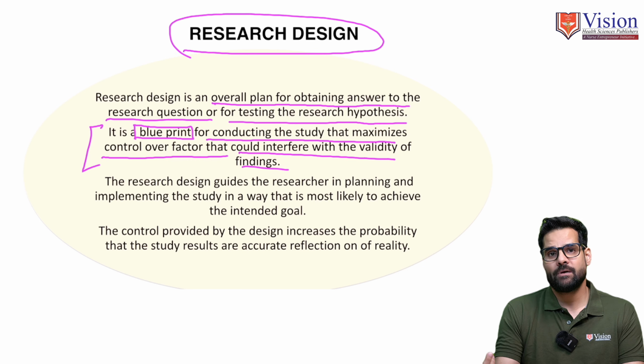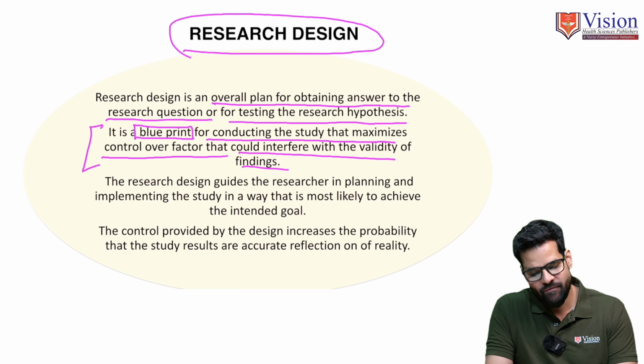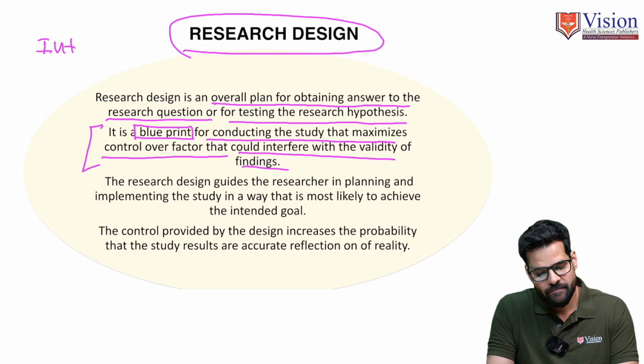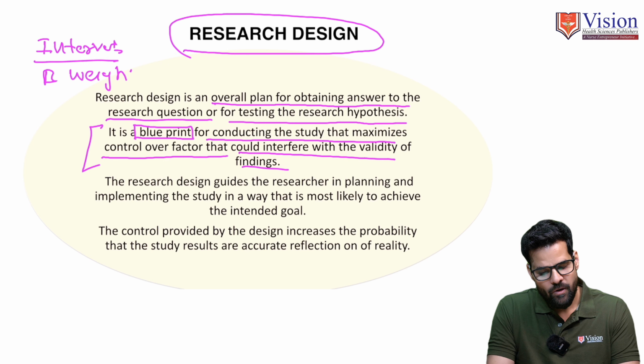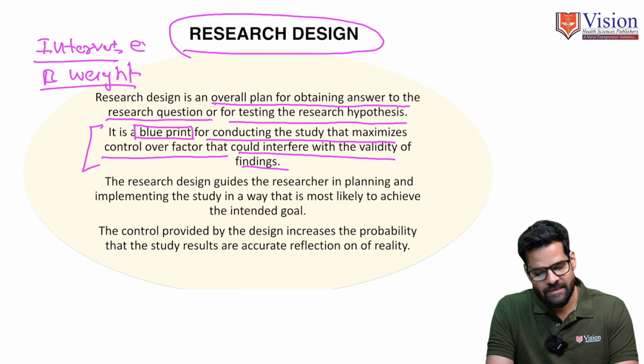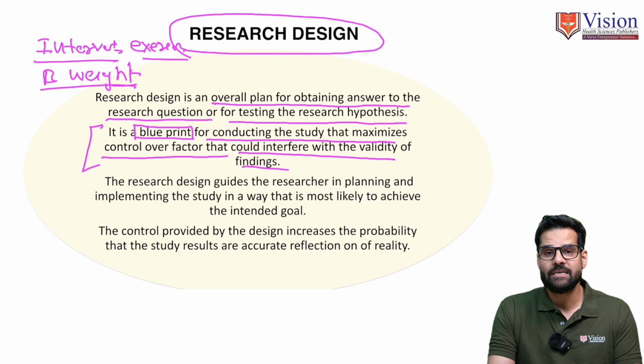So yes, it is an overall map or a blueprint. As you know, whenever you have an inquiry, that inquiry is influenced by n number of factors. For example, I just want to see the effect of an intervention, like exercise, on body weight. Now exercise is one variable and weight is another variable.